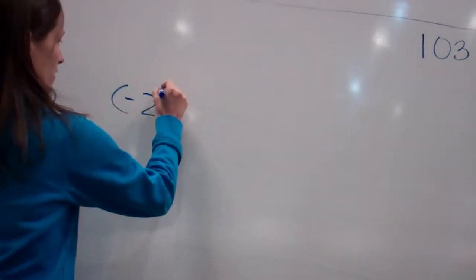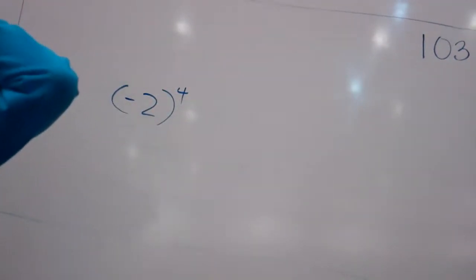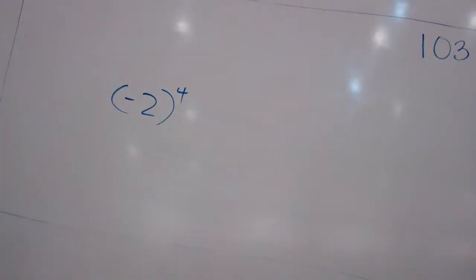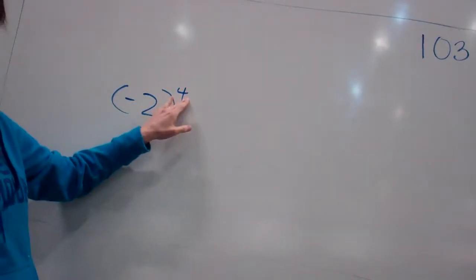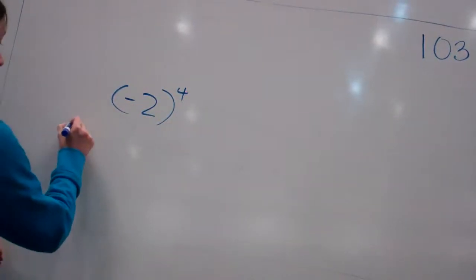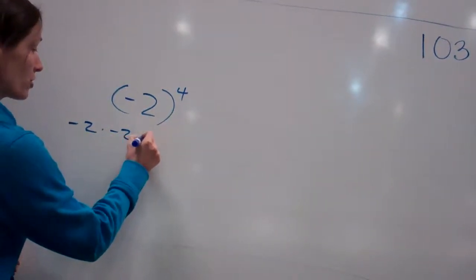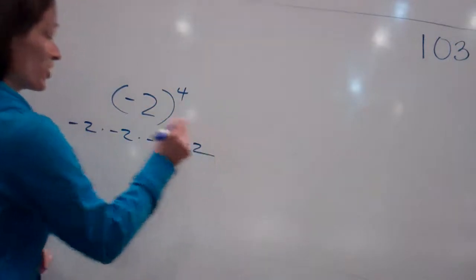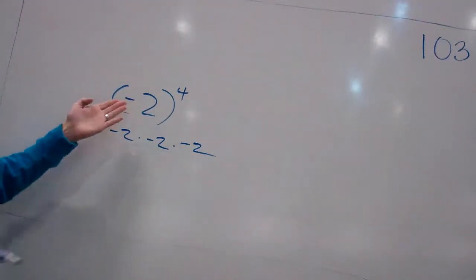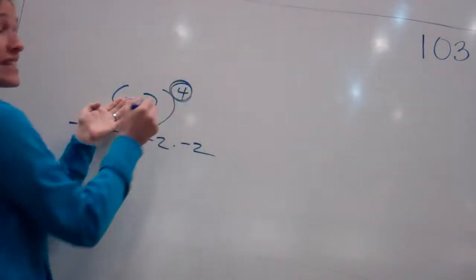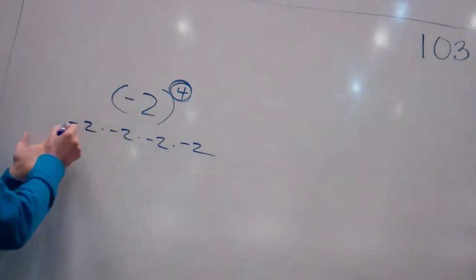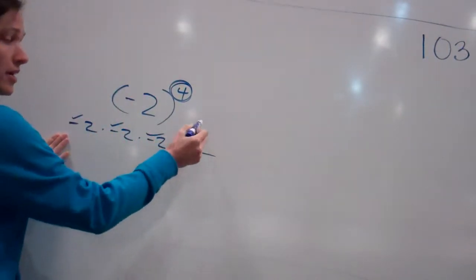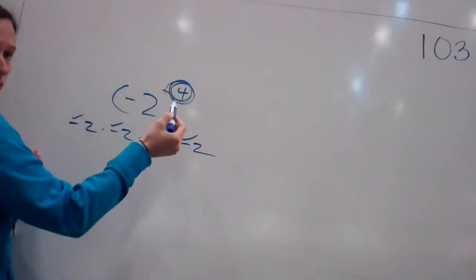All right, what if you see this? What does this actually mean? It's going to be negative 2 times negative 2 times negative 2 times negative 2, which is going to be an even number. 4 is an even number, and if you need to write it out so that you can count them, that's fine, but it's right here, okay?